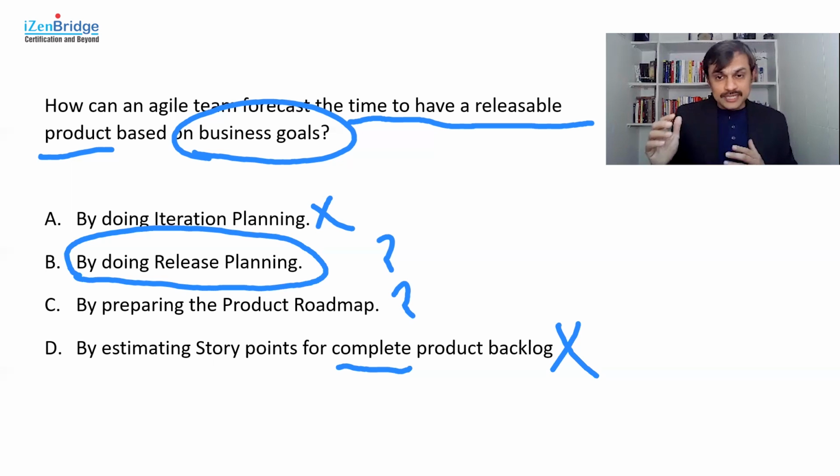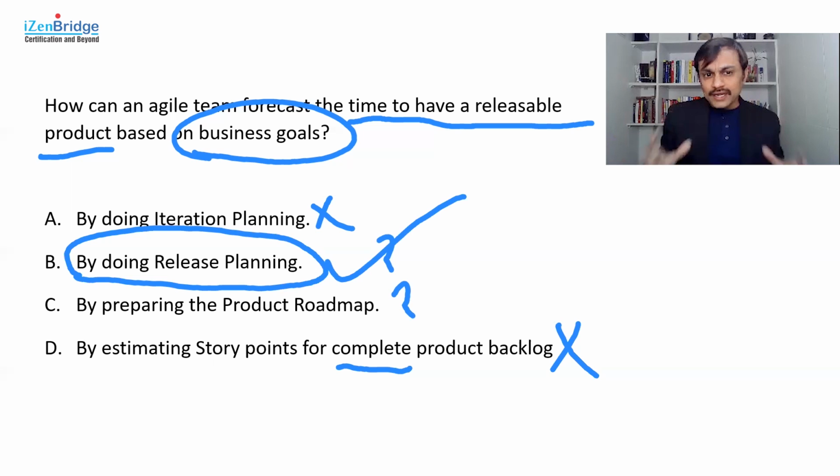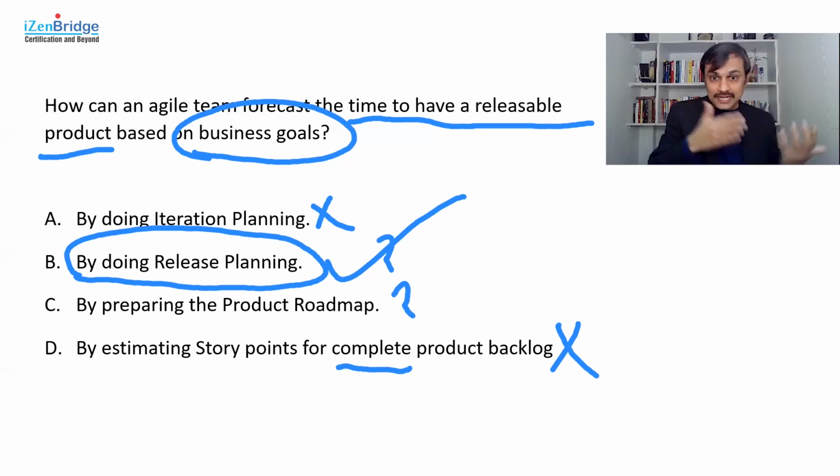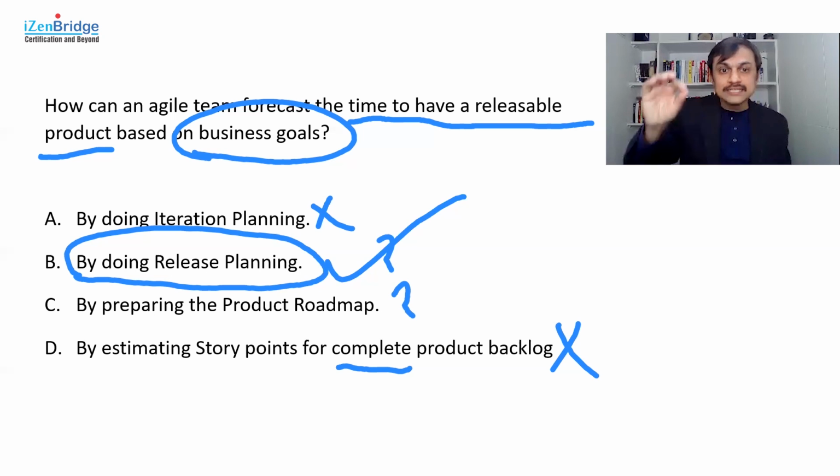So by doing release planning, I can answer the stakeholders' question related to when we can have this goal met. Now, some of you may start thinking, if we have that, we must have a baseline or finalized scope for that duration. The idea here is that release planning helps us to predict a releasable product, but it is still based on a business goal, not on a detailed requirement.